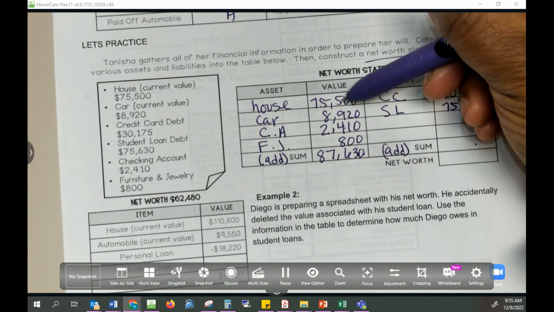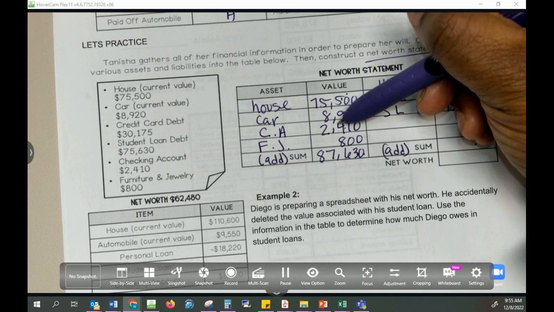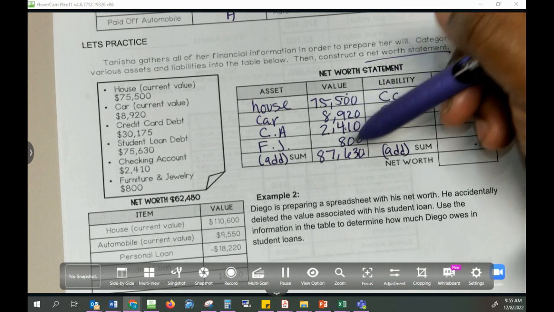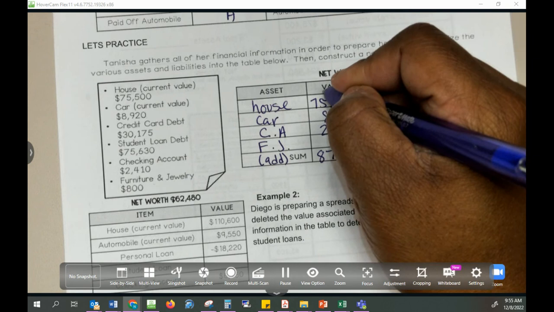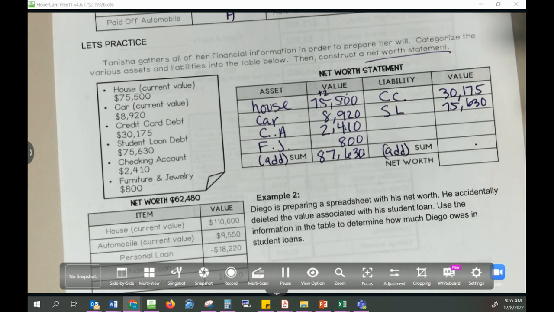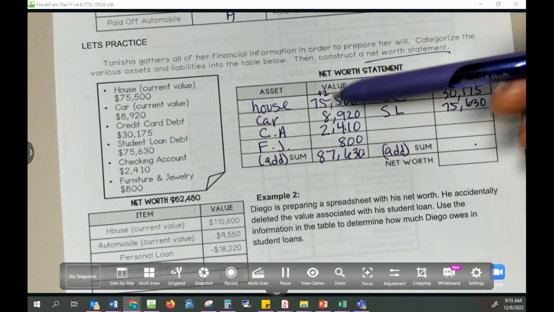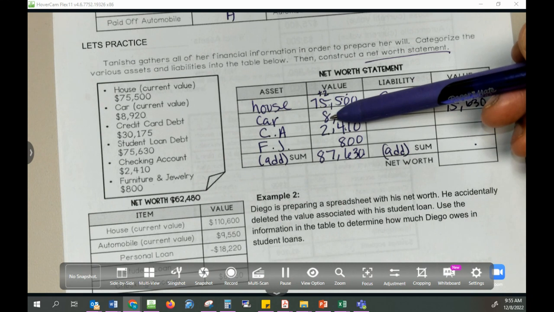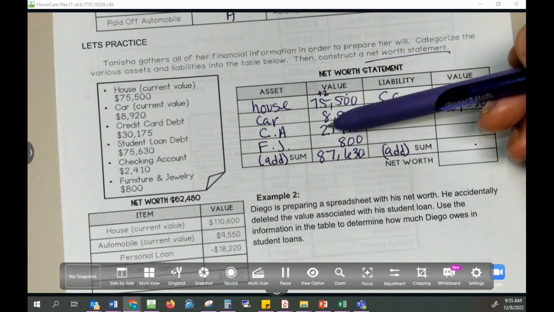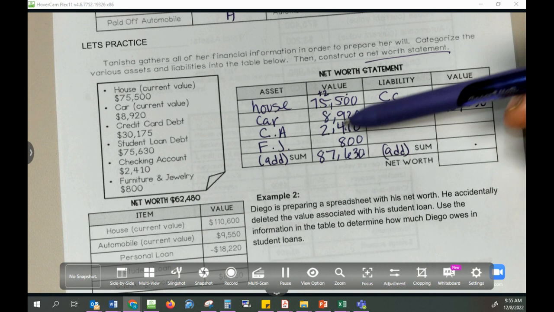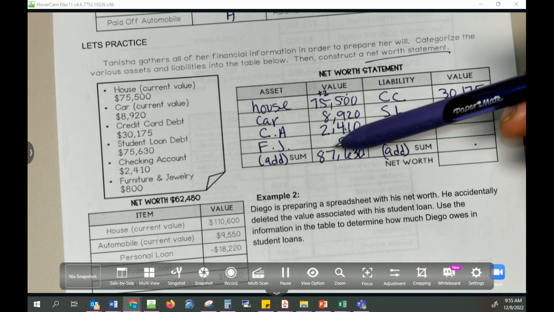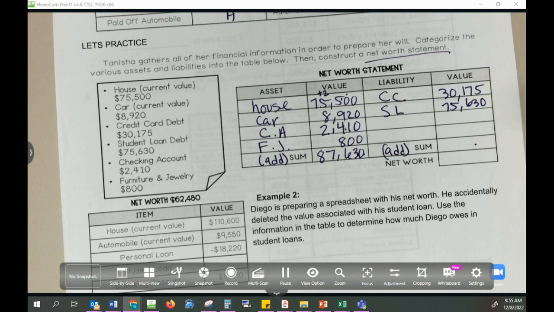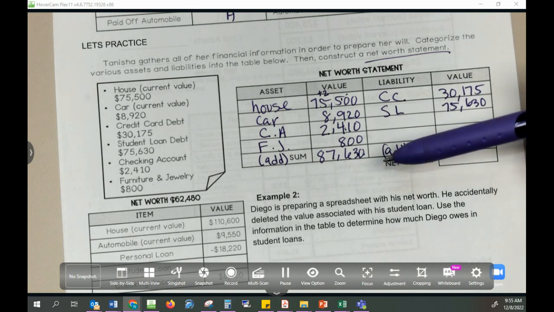We have 9 and 4, that's 14, 15, 16, 17, 18, 19, 20, 21, 22, 23, 24, 25, 26. So the 6 carry the 2. So 5, 6, 7. 7 plus 8 is 15, 16, 17. So 7 carry the 1. And so that's where the 8. Do we see now why she got that?